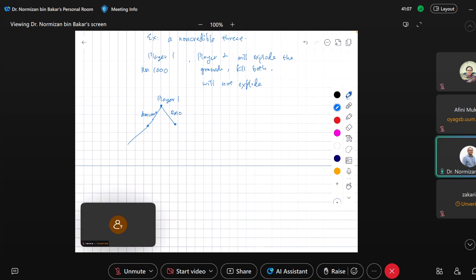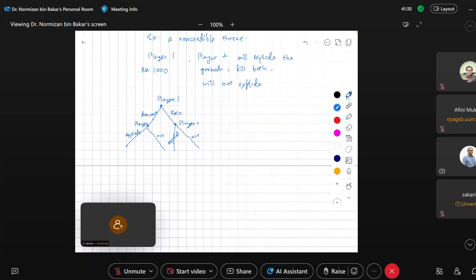The choice of player 2 is to explode or not explode. So if player 1 gives 1,000 and explode, what happens?